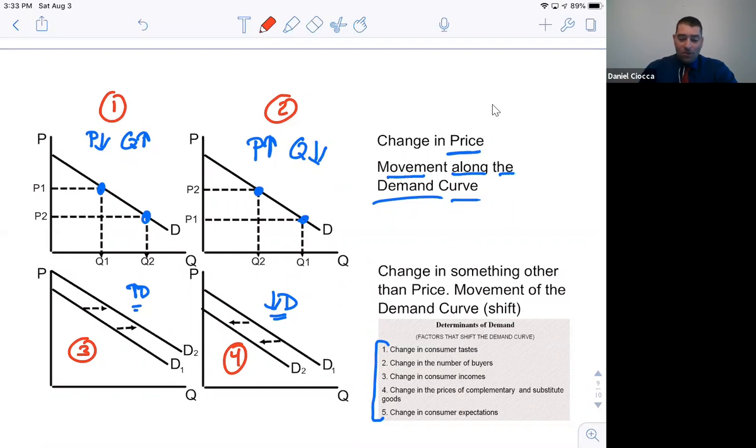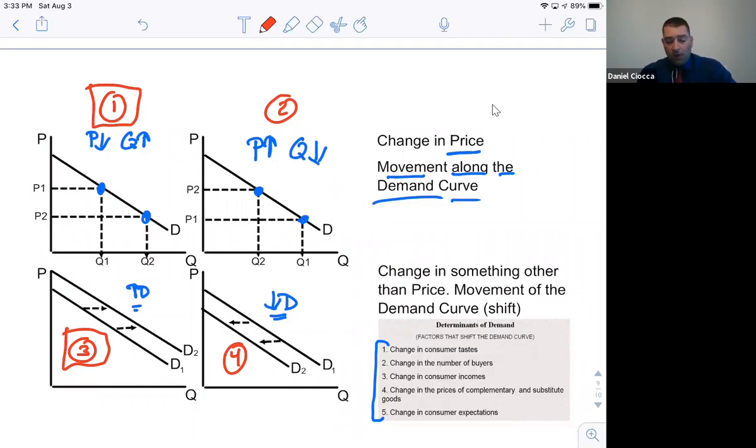The answer is graphs 1 and 3. Both graph 1 and graph 3 illustrate customers whose state of mind has changed and made them more willing and able to buy. But the difference between graph 1 and graph 3 is the reason why the customers are more willing and able to buy.